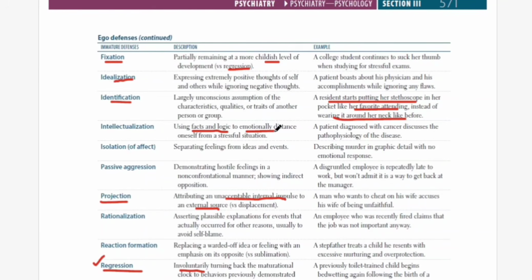There's a patient diagnosed with an end stage cancer, for example, renal cell carcinoma, and you have been telling them about the different treatment regimens, but the patient is continuously discussing with you new treatment options, pathophysiology and useless things, and is trying to avoid this reality. So this is an example of intellectualization, they focus on the facts and logic and avoid the emotional side of this.